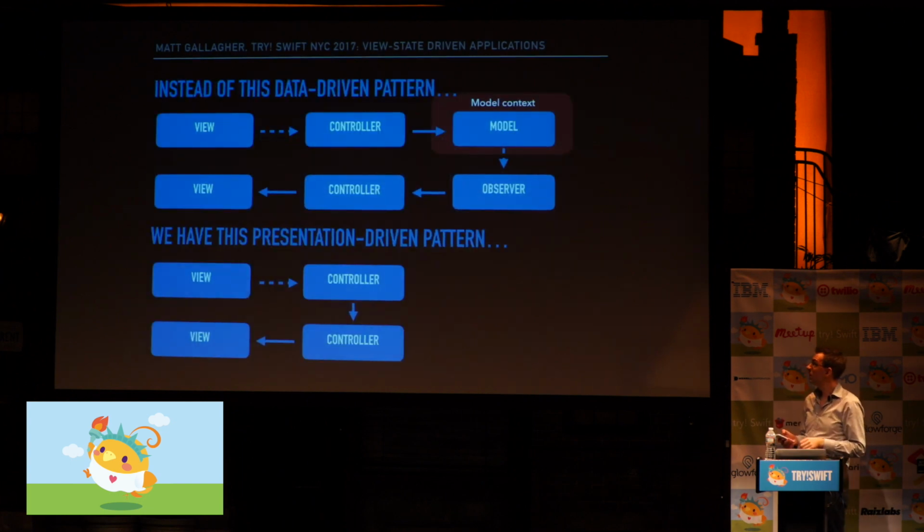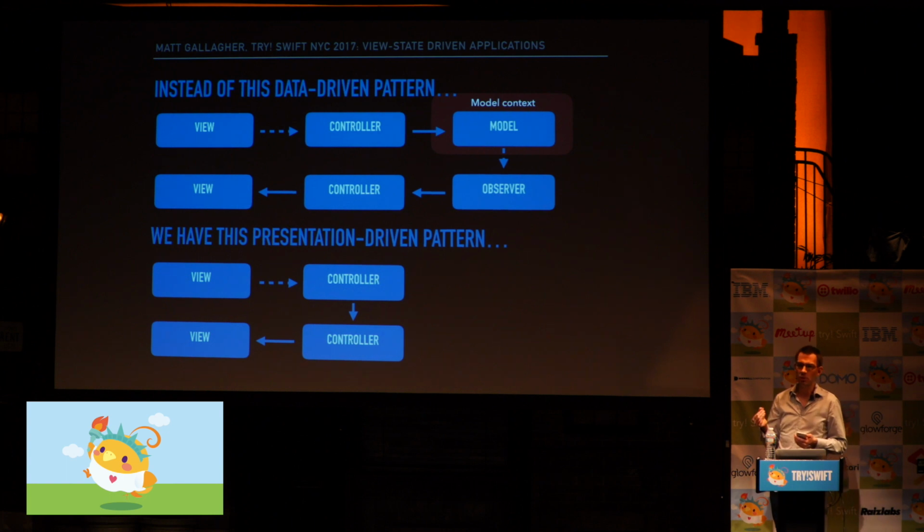So instead of the first pattern that I showed you, the one up the top, we have this shortened pattern which just goes view to controller, segues to another controller, which brings up a view, and it may or may not actually bring up any data. Many times it doesn't. You know, when I bring up the selection controller, it doesn't actually contact the model for any data. So we have these truncated patterns.